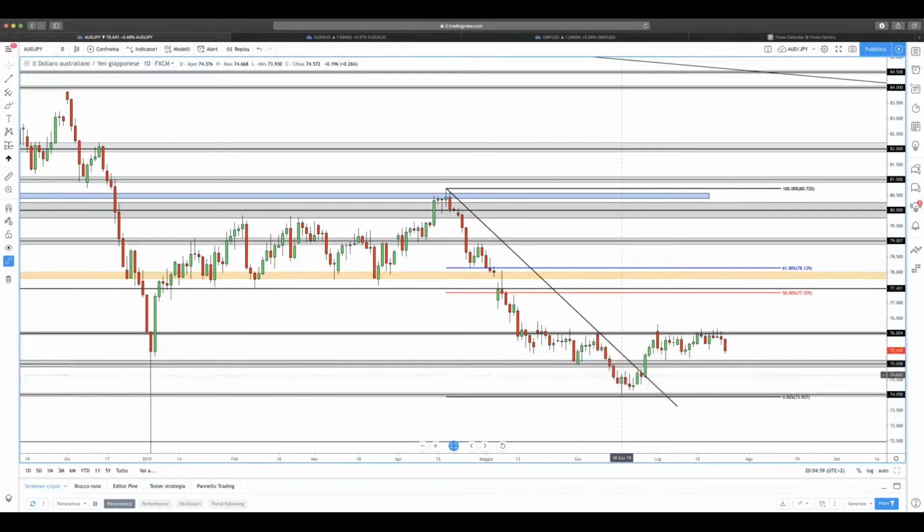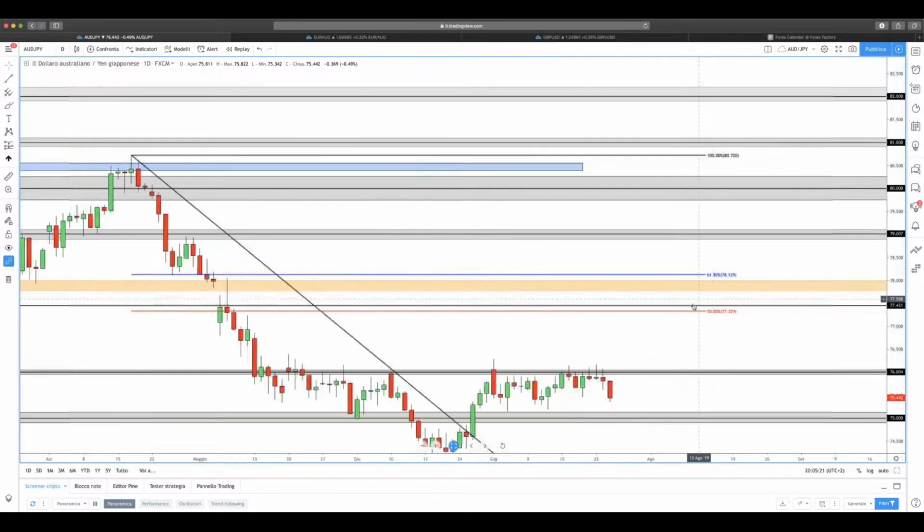Here the price on the daily time frame has formed this clear hammer candle, and from this point the price started this strong bullish movement that broke this bearish trend line, and for this reason I expect a deeper correction around this area.